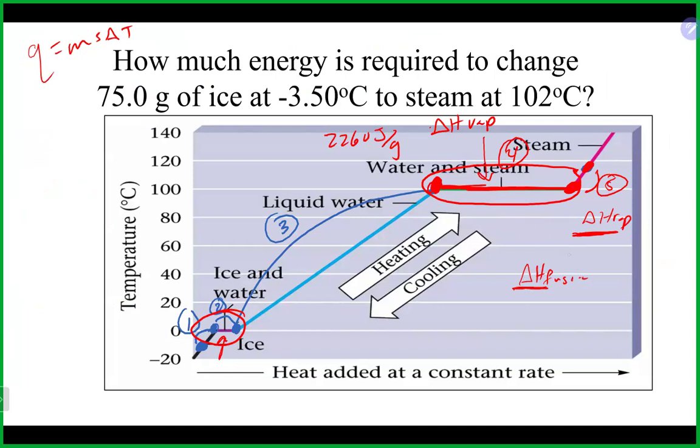Anywhere on the graph where it is going upwards, and even past here as well, that's where you're in the same phase, and the temperature is changing. That is your specific heat equation that you want to use on that. Any questions on it up there?